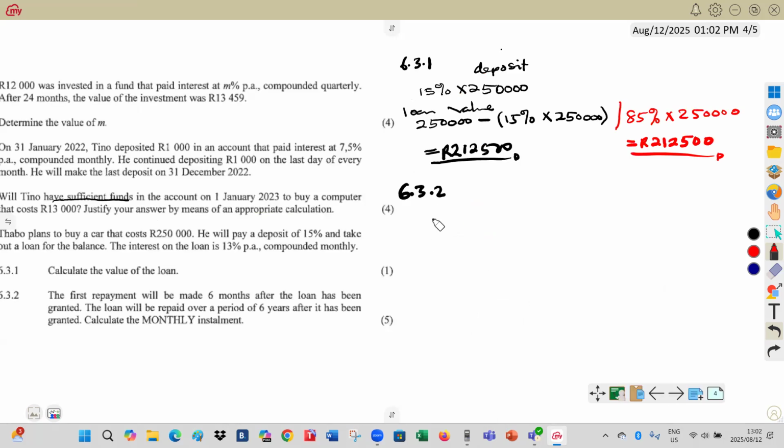P equal to X, then we have 1 minus bracket 1 plus i to the power negative n, all over i.